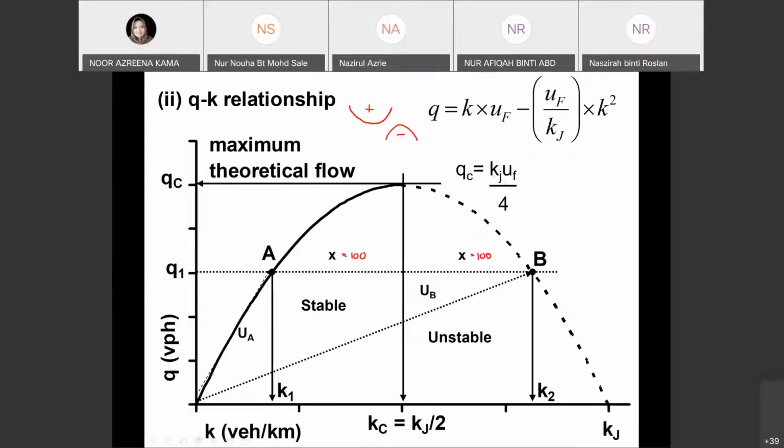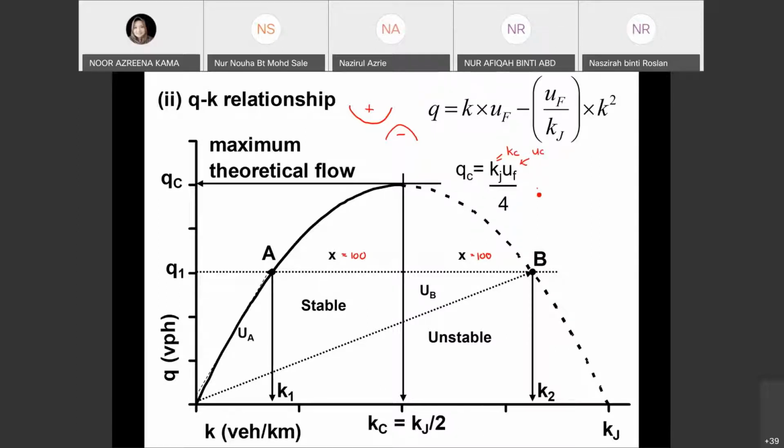So macam mana dapat KJ dengan UF ni? Sebab dia bagi 4 kan? This is actually to get KJ. Okay. Because at QC, so the K must be at KC, the U must be at UC.